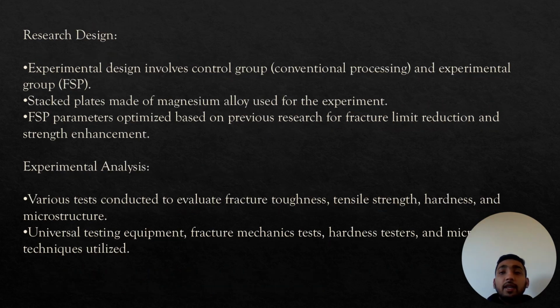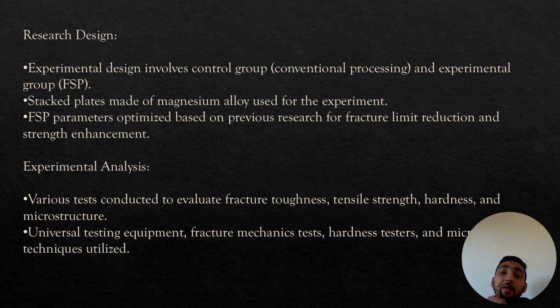Now I am going to talk about my research design. In my research design, I use different types of control group and experimental group for FSP. Second, I also use stacked plates made of magnesium alloy. Third, I use different types of FSP parameters based on previous research for fracture limit reduction and strength enhancement.